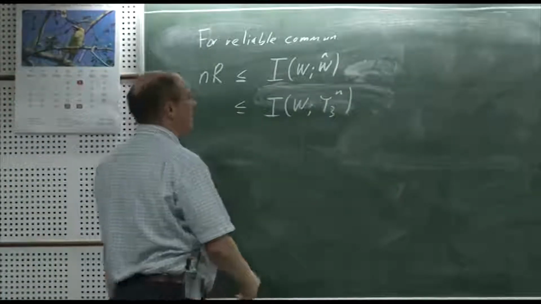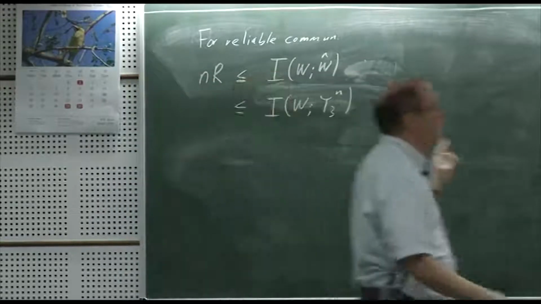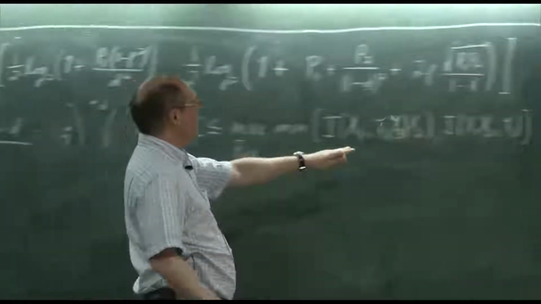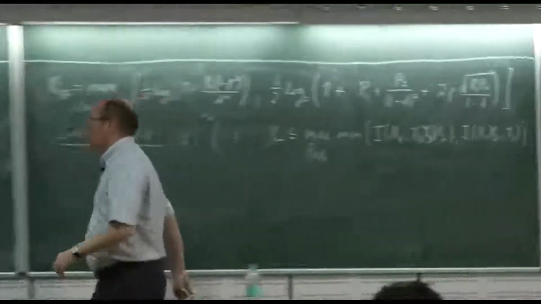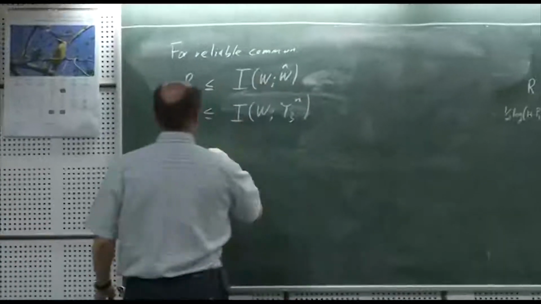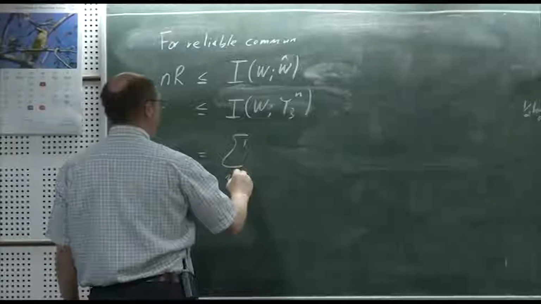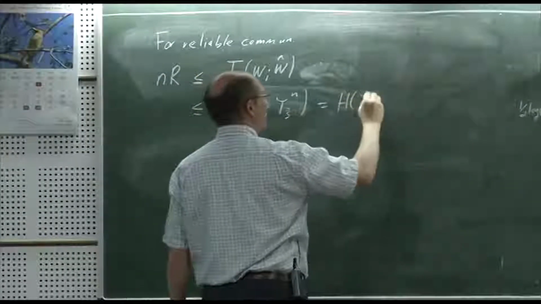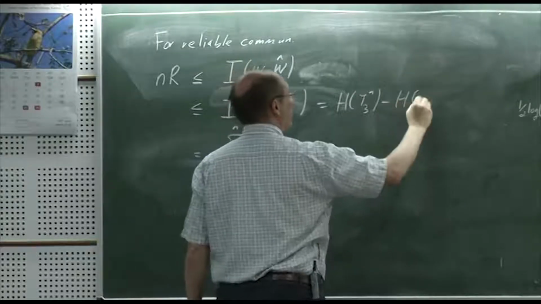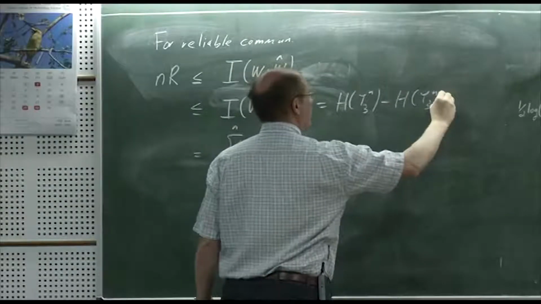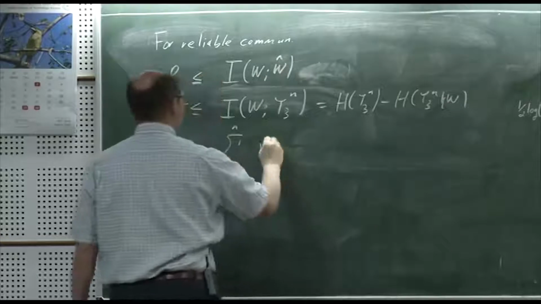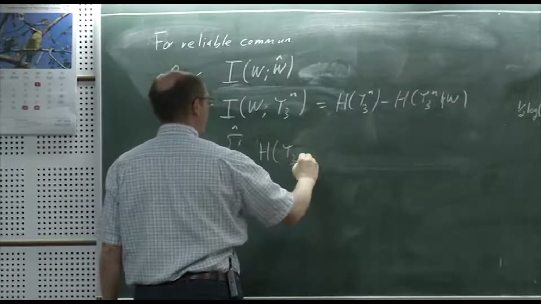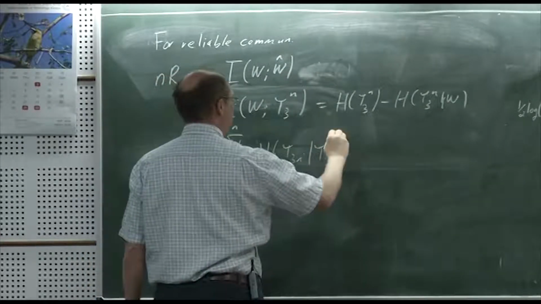So we'll work with that without much further ado because this already looks close to this. In fact, it looks so close that it shouldn't really play much role. So I can write this as h of Y3^n minus h of Y3^n given W, of course, and this is just the sum of h of Y3i, minus 1.